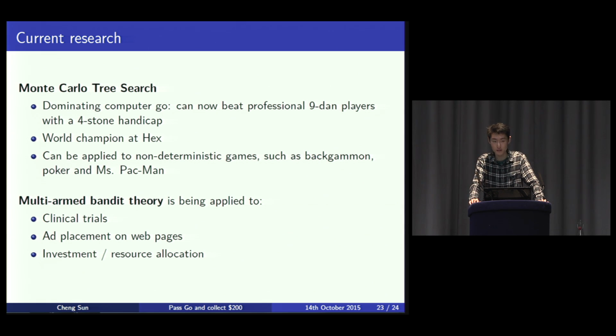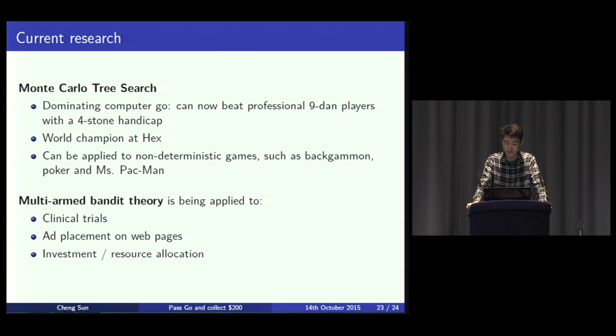You can apply it to, for example, clinical trials, where you want to save as many patients as possible, but at the same time, you want to determine which of the drugs is optimal, so you can use it from then onwards. Similarly, for ad placement on web pages, you want to try out different ad placements with visitors, but at the same time, you want to gain as much revenue during the experiment as possible.